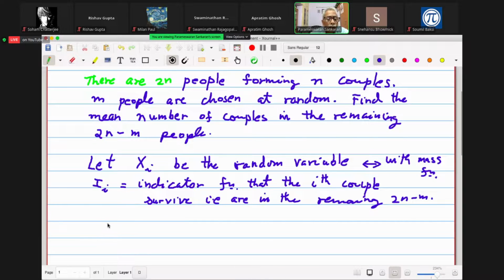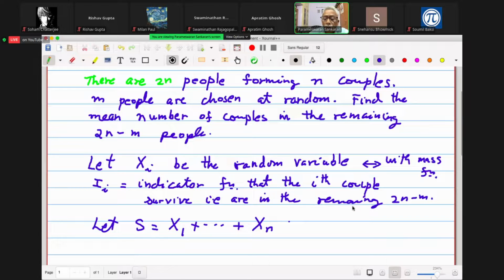Then what exactly is the required thing? Let S be equal to X1 plus and so on plus Xn. When you have a chosen subset of m people, if that subset contains someone from the ith couple, then Xi contributes 0.